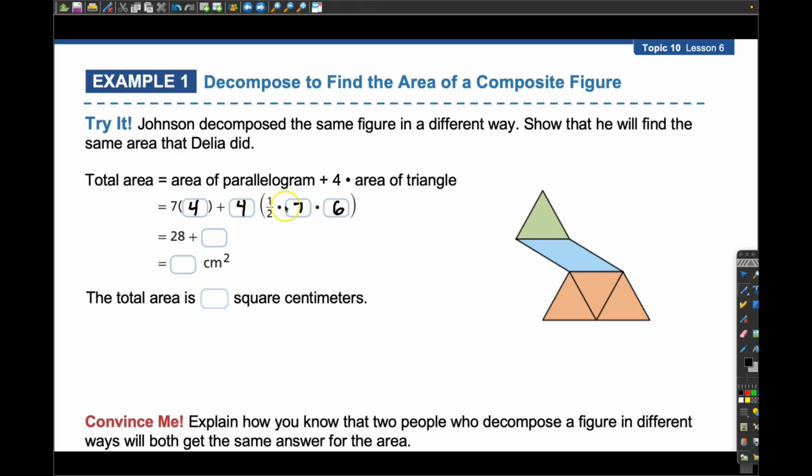So half of 6 is 3 times 7 is 21 times 4 is 84. And once again, 28 plus 84, 112. So the total area is 112 square centimeters, like we solved before. He just did it a different way. We did a trapezoid, parallelogram, and a triangle. He did 4 triangles and a parallelogram. All right. Cool, cool, cool.